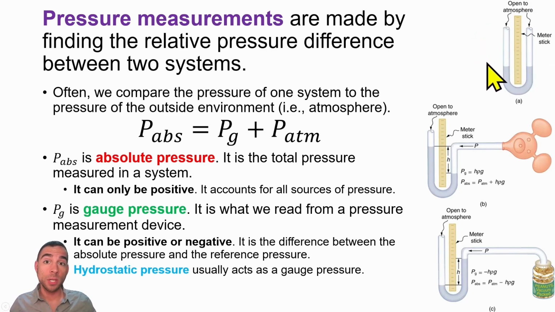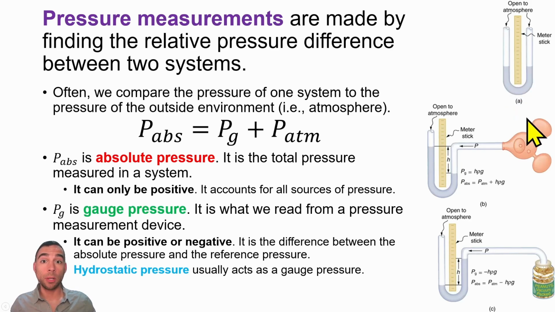For example, we could use a device called a manometer to measure the pressure in a system. If we leave this manometer, which is a U-shaped tube filled with water, open to the atmosphere, it will have equal amounts of force pushing down on both ends of it. So there's no difference in the 2 water levels in both sides of this column.